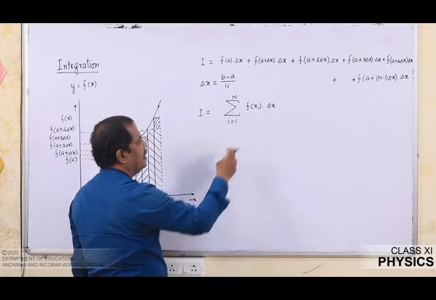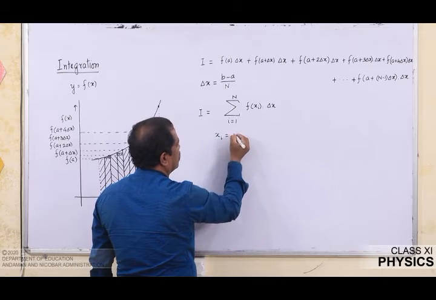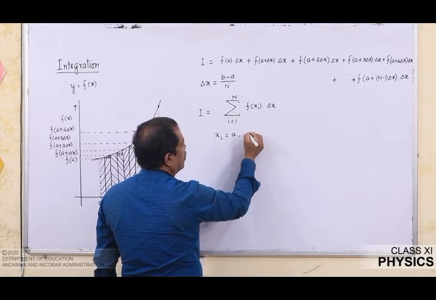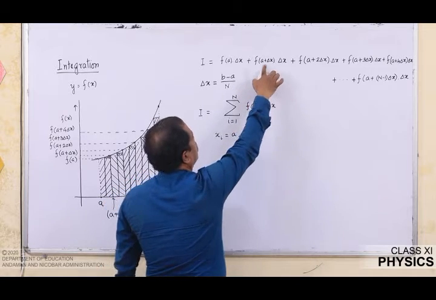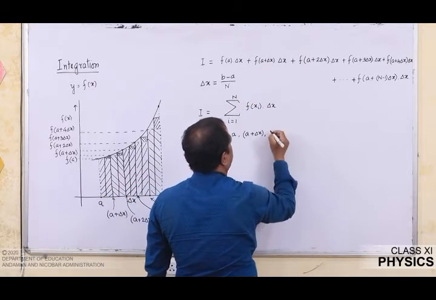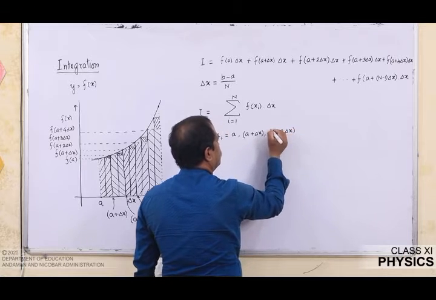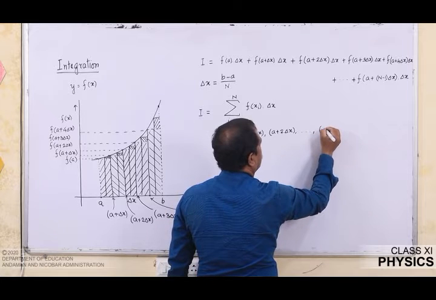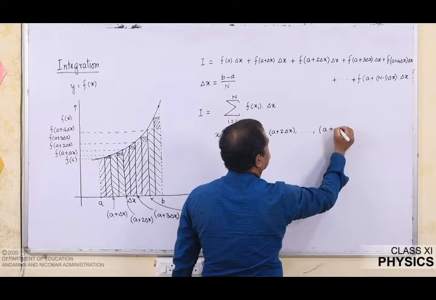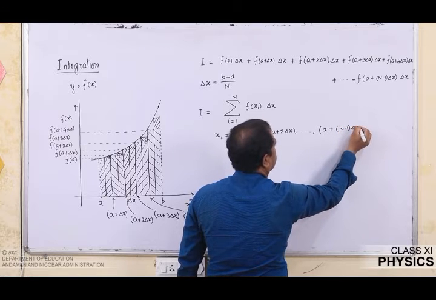So, what is xi if we ask? Then the xi for me is a plus del x, next a plus 2 times del x. This way the value of xi continues and it will end up a plus n minus 1 times del x.